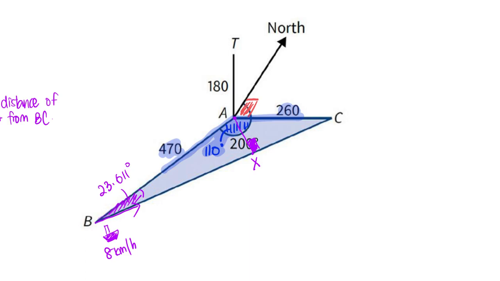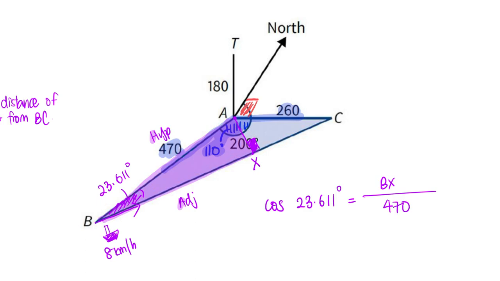If we focus on this purple color triangle, we would be able to get BX. This is the adjacent side, this is the hypotenuse. So I'm going to apply CAH, cosine 23.611 degrees is equal to BX over 470.